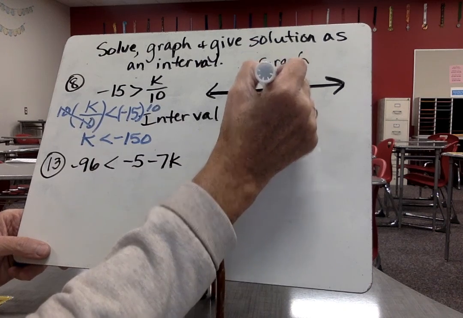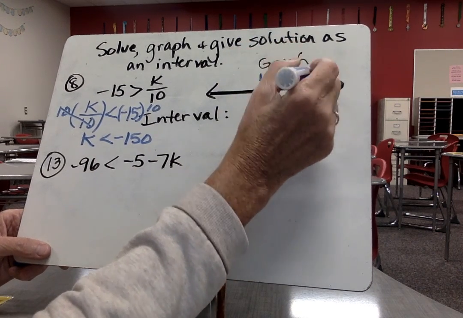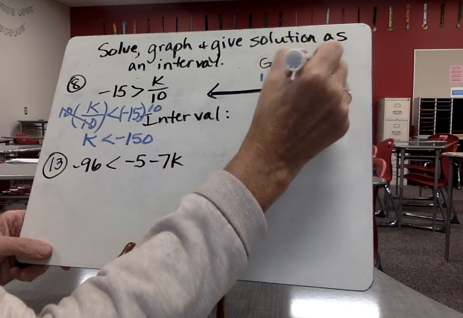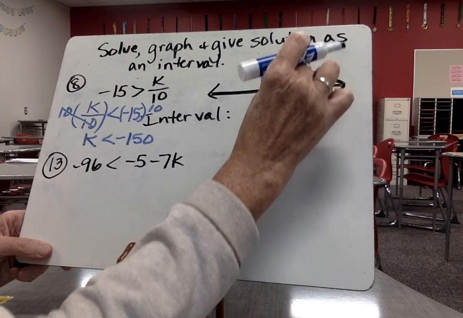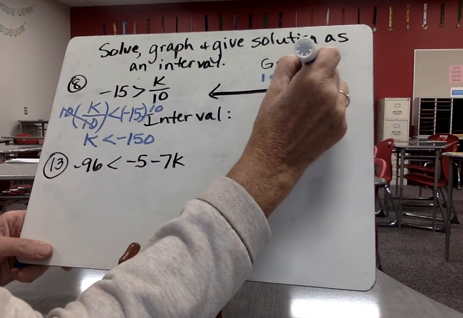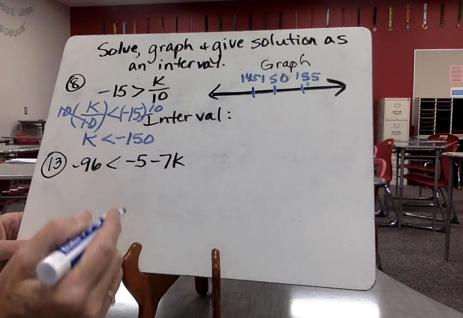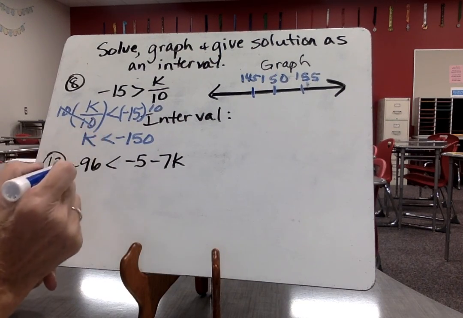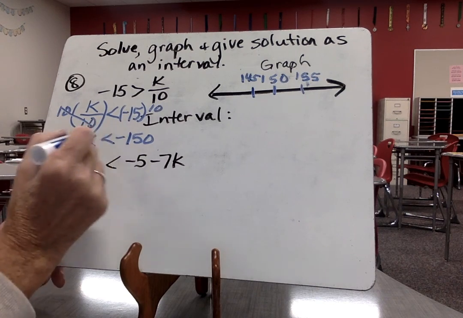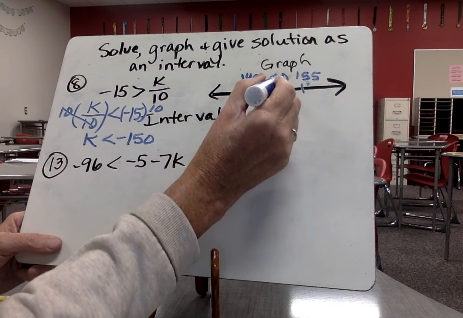Now for my graph, I'm going to put 150. I might put 145. Actually, that's 155. And 145 here. Okay? So again, more ink or less ink, it's less than. There's not more ink or equal to, so it's an open dot.